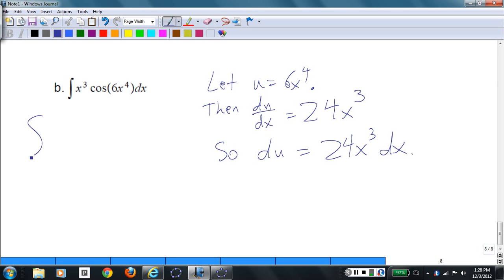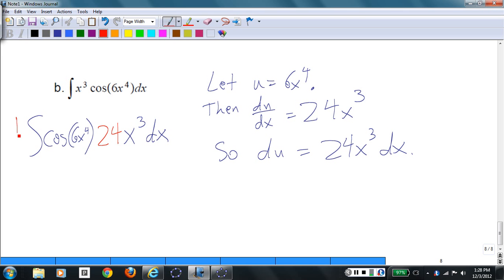This is the integral of, all right, I don't have a 24x cubed, so I put a 24 here. I put an x cubed dx there. I put a cosine of 6x to the 4th right there.